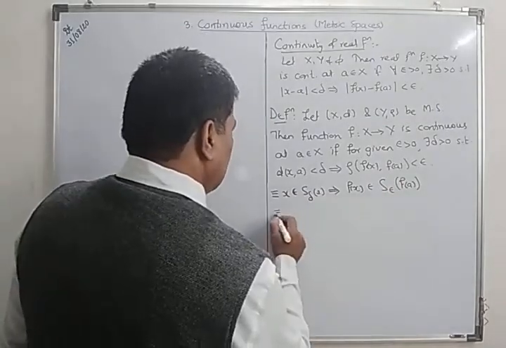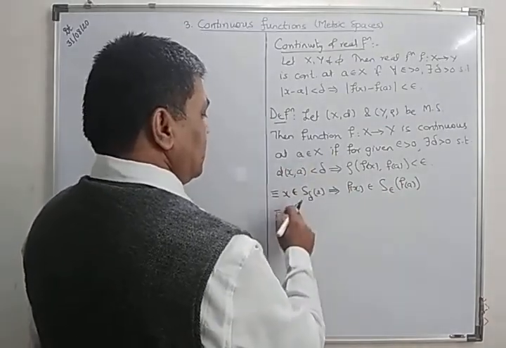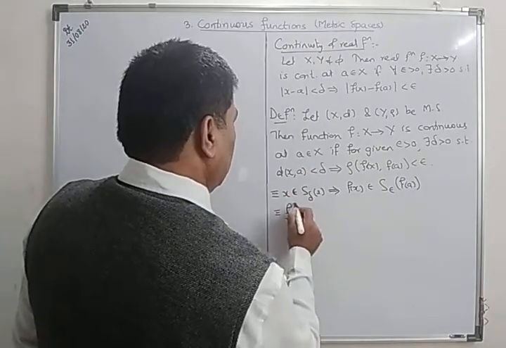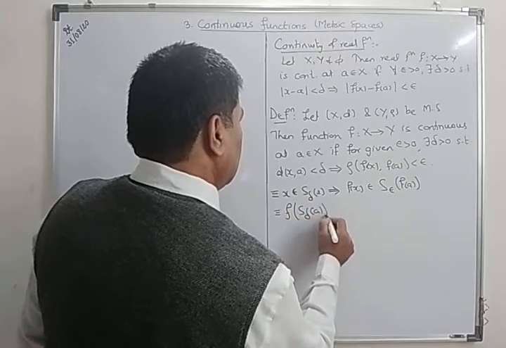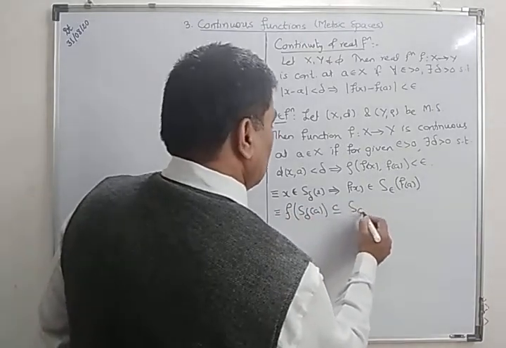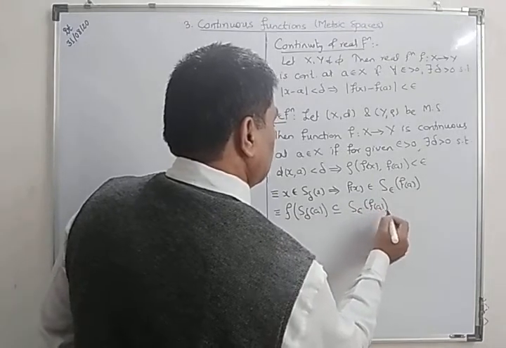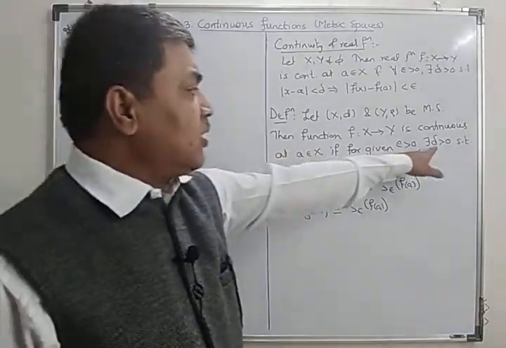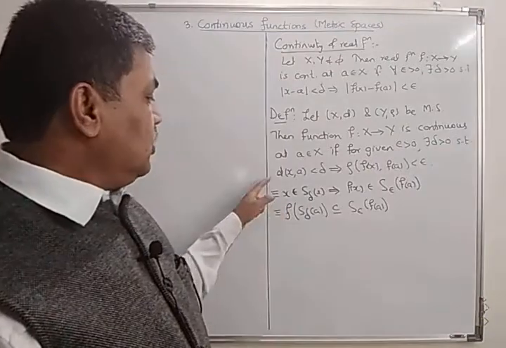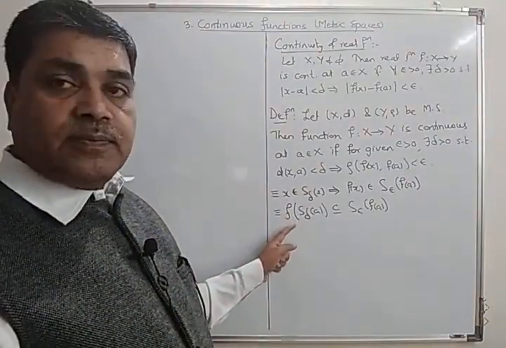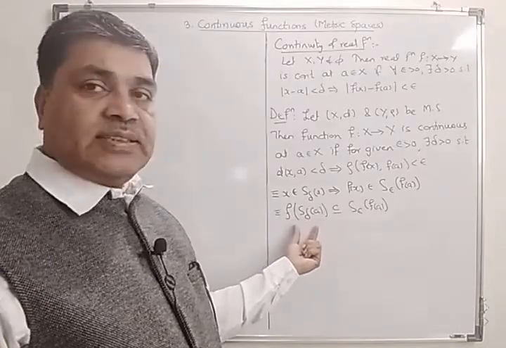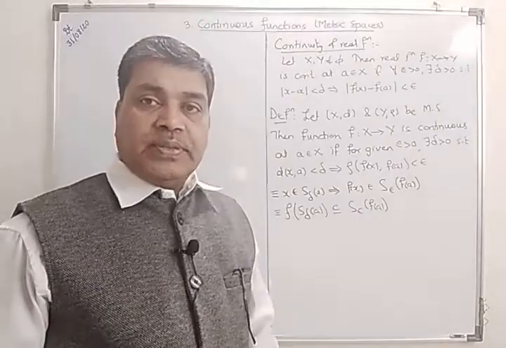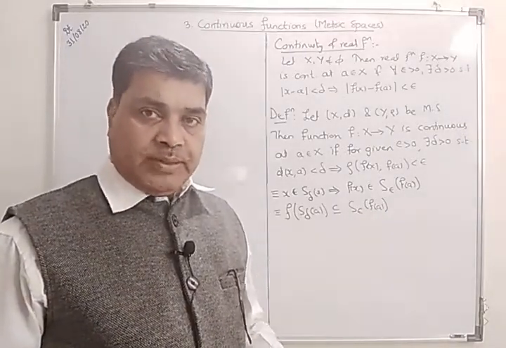Again this is equivalent to f of S_delta(a) is contained in S_epsilon(f(a)), whatever x may be. Okay. So f is continuous at a if for given epsilon greater than 0 there exists delta greater than 0 such that f maps open sphere about a with radius delta in open sphere about f of a with radius epsilon, whatever choice of epsilon may be.